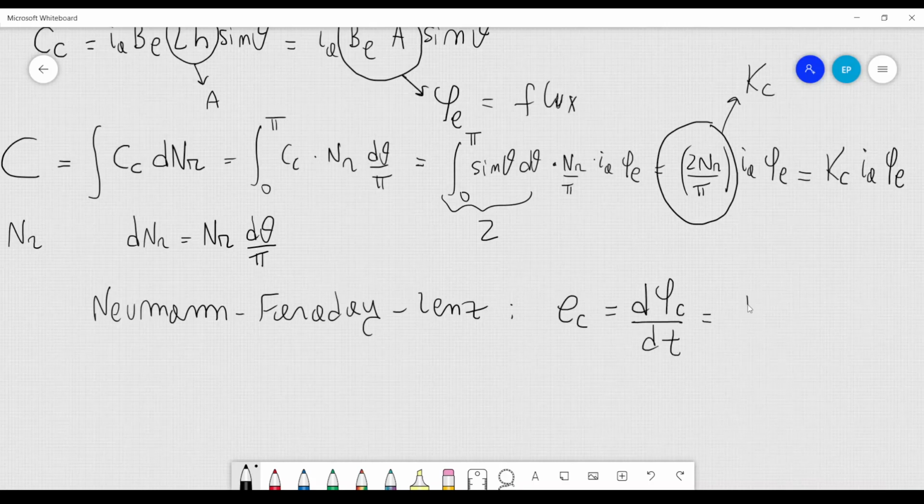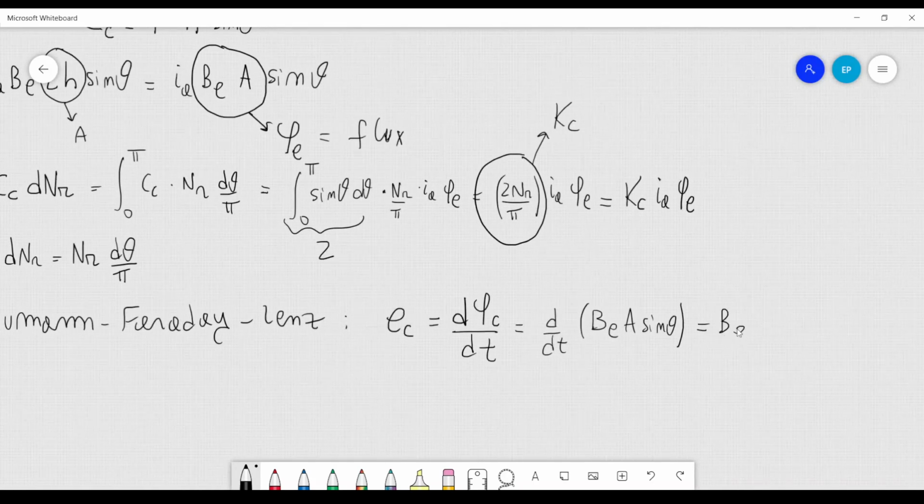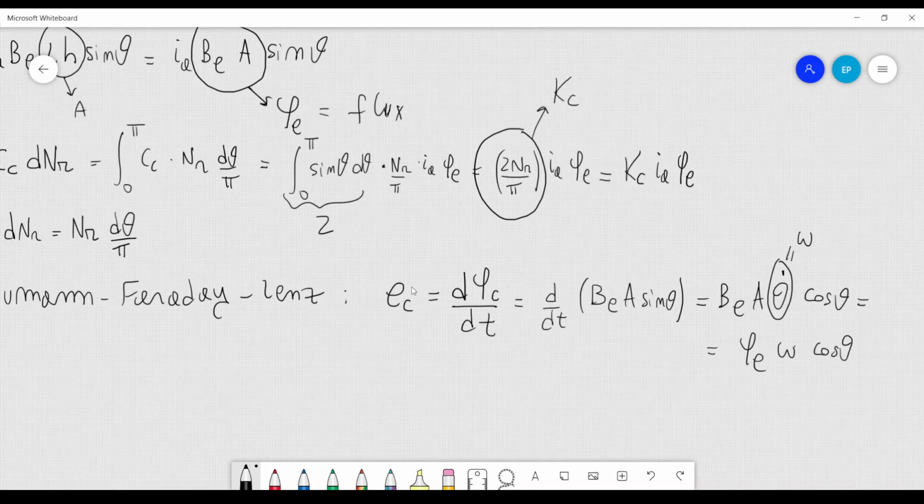So this will be d over dt of, we know the expression for phi sub C, which is phi sub E A times sine theta, and this is equal to phi sub E A times theta dot times cosine theta. Theta dot is also called omega, and this is the angular velocity of the rotor. So we can rewrite this as phi sub E times omega cosine theta. And this is the electromotive force that we have in a single coil.